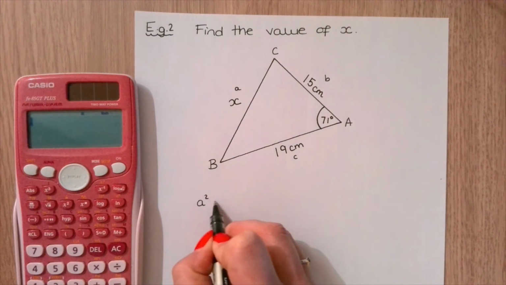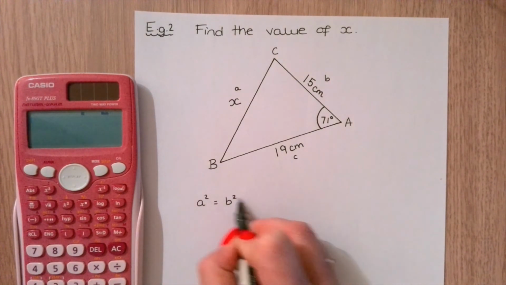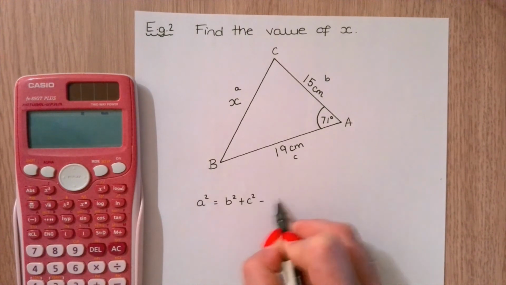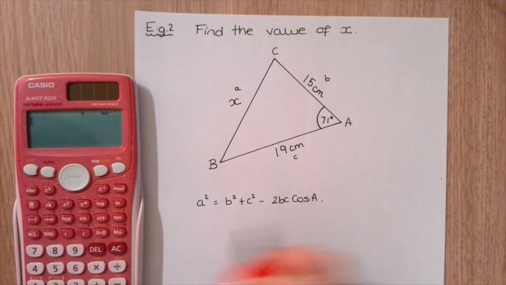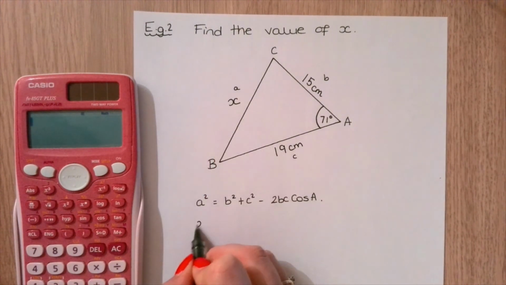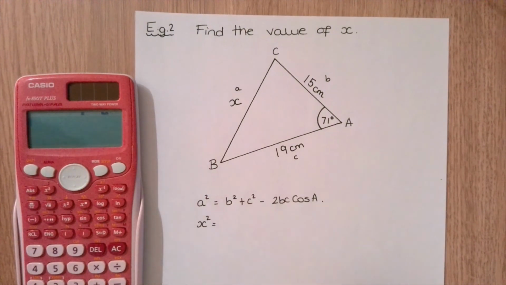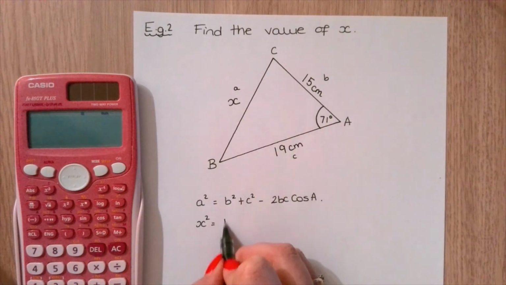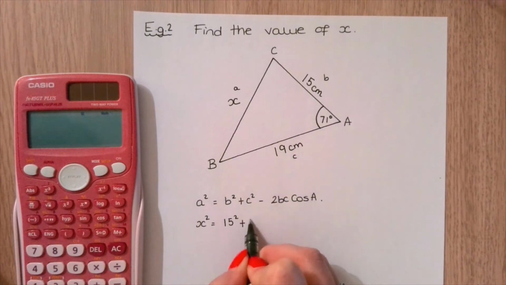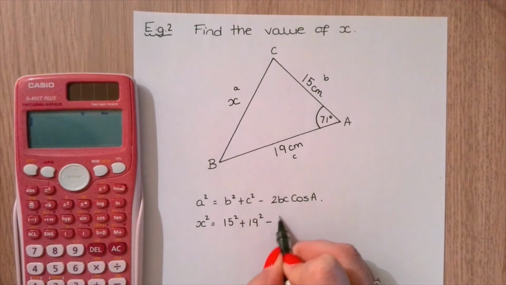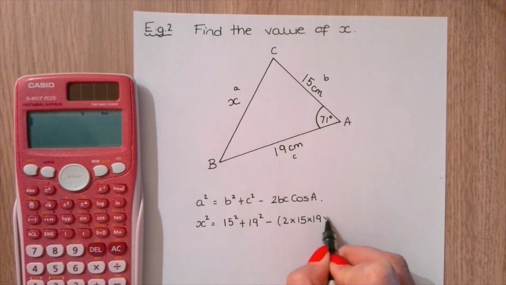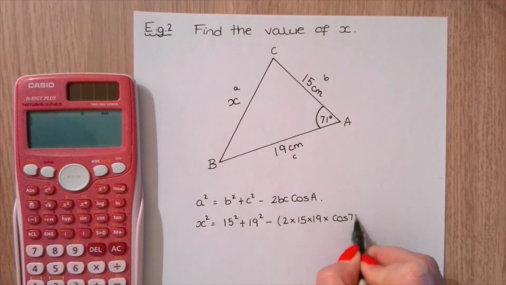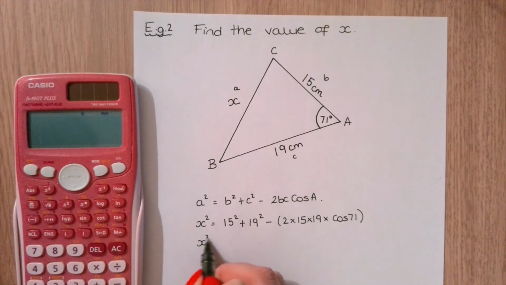The cosine rule: a squared equals b squared plus c squared minus 2bc cos A. So lowercase a is x, so I get x squared is equal to 15 squared plus 19 squared minus 2 times 15 times 19 times cos 71. Type that into my calculator.